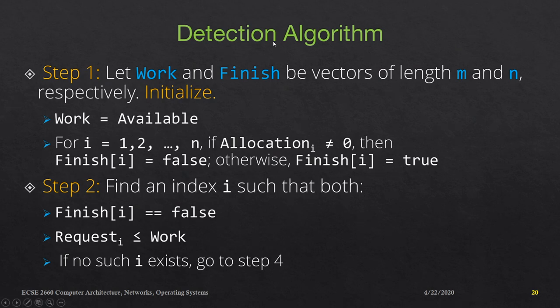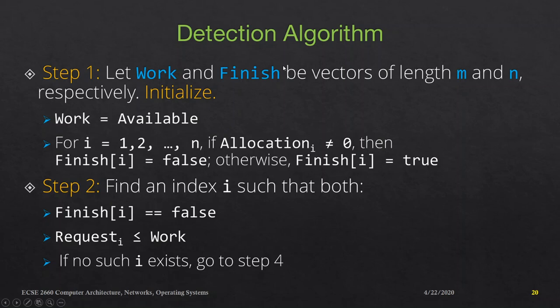Now in the detection algorithm, we have 4 steps, and these are relatively straightforward steps. They become even more straightforward once we work through an example, and we'll do that. For now, we will just talk about them a little bit, but when we really get to the numerical example, that's when we can actually understand this better.